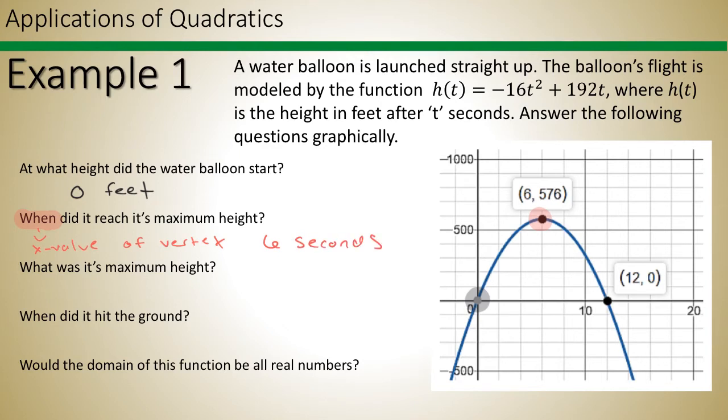And let me write this, at what height we started. Whenever we see the word start, that's going to be the y-axis. The next part, what is the maximum height? If I actually want to know the maximum height, that's going to be the y value of our vertex. So the y value of our vertex is, in this problem, 576 feet.